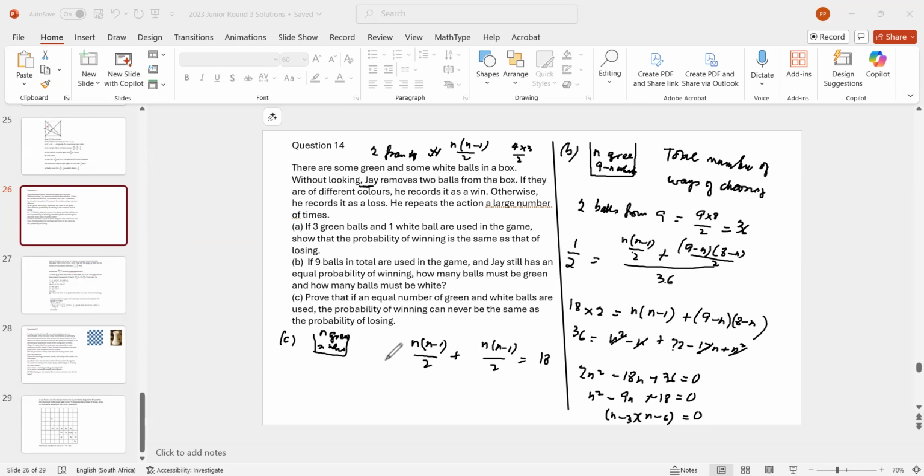So this thing here will lead to this because the number of green balls is the same as the number of white balls. And when you work this out, you get n into n minus 1. Yeah, but it's not 36 anymore. Sorry. Because the total number, you got 2n balls here now.